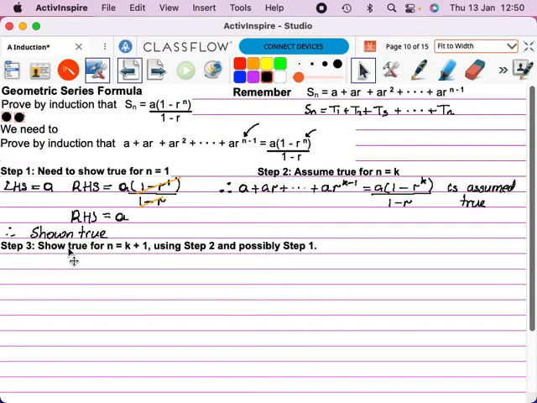Now I'm just going to move this up to generate just a little bit more space. So we've got to show it's true for n equals k plus 1. Now, what we said when we did series before is that because it's a series up to n equals k plus 1, this at the moment is up to where n equals k.